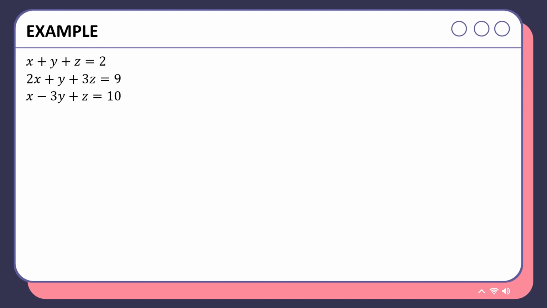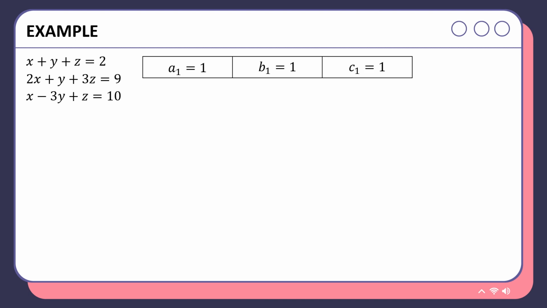So we identify the values of a, b, c, and d of our first equation. A sub 1 is equal to positive 1. Our B sub 1 is equal to positive 1. C sub 1 is equal to positive 1. And D sub 1 is equal to positive 2.